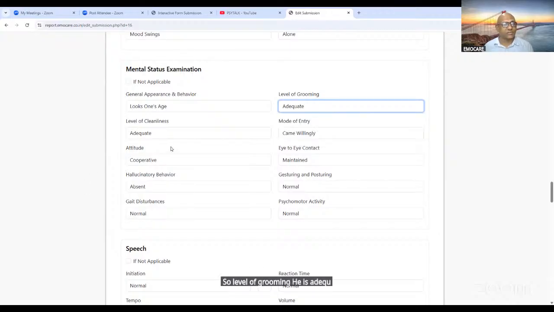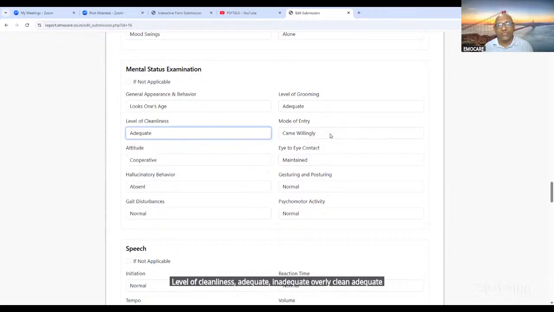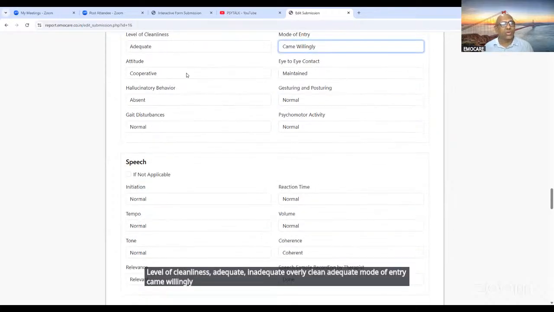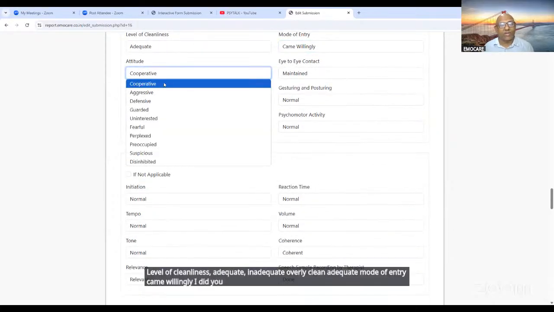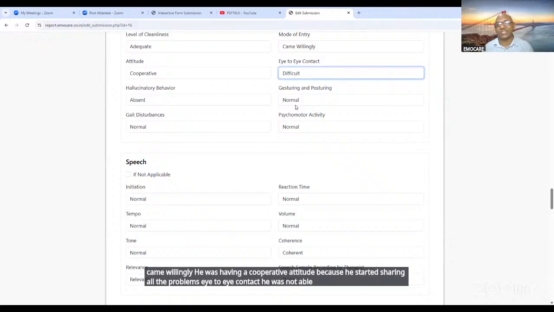Level of cleanliness, adequate. Mode of entry, came willingly. Attitude, he was having a cooperative attitude because he started sharing all the problems. Eye-to-eye contact, he was not able to maintain because of his guilt. He was having guilt, so he was not able to make eye-to-eye contact with the counselor.